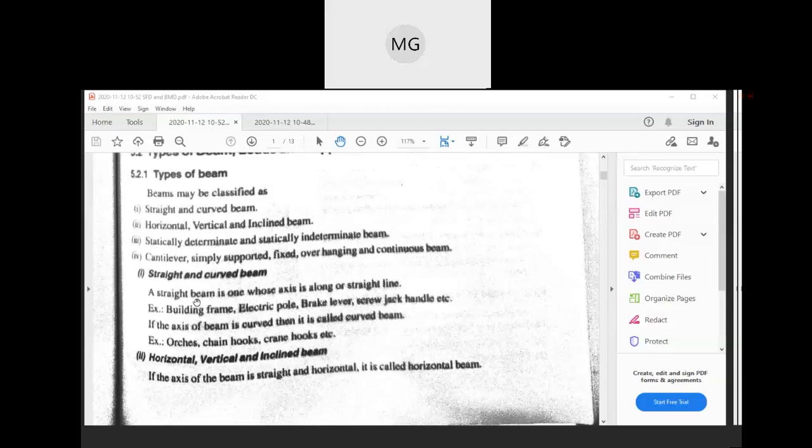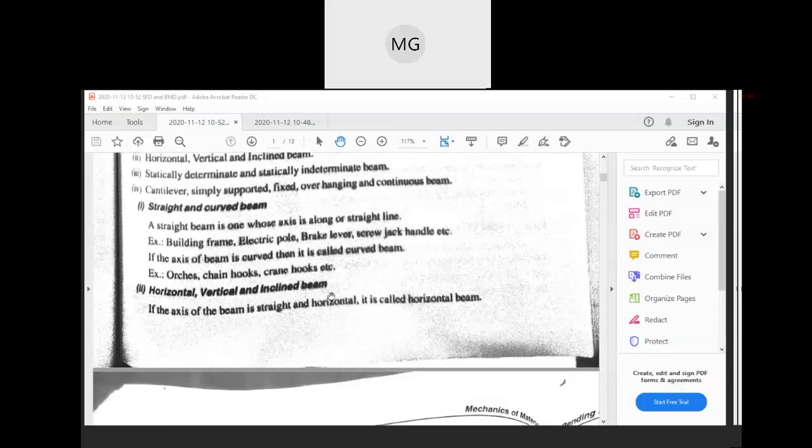A straight beam is one whose axis is along a straight line. Examples: building frame, electric pole, brake lever, screw jack handle, etc. Straight means it is not curved. And if the axis of the beam is curved, then it is called a curved beam, like arches, chain hooks, crane hooks, etc. Next, horizontal, vertical, and inclined beams.